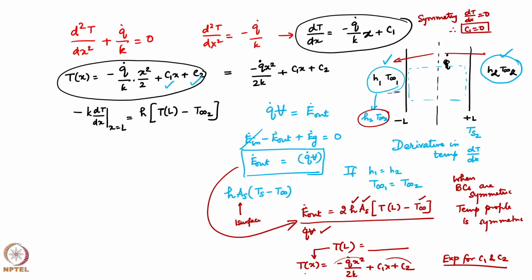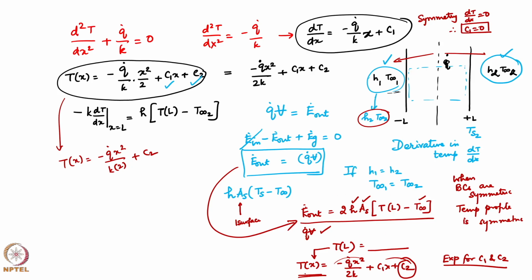And then because C1 equal to 0, you have an expression where C2 is the only unknown, you will get C2 and from here you will get temperature distribution is minus q x squared by 2k plus C2.